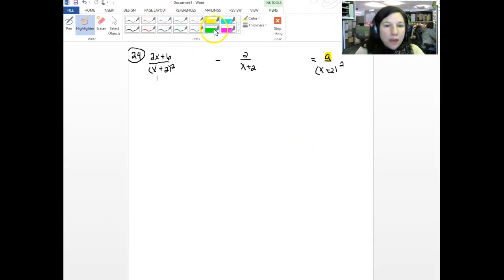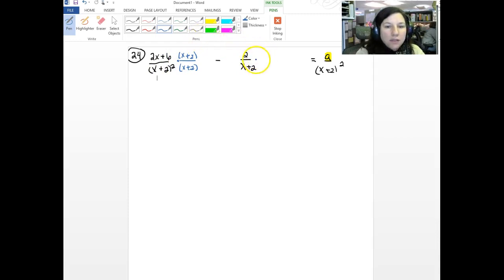But before we can do that, I have two fractions here and we want to subtract them. Remember that you cannot subtract fractions that do not have a common denominator. So look into your denominators. This one is an x plus 2 squared. This one's an x plus 2. So it means that this side needs an x plus 2 in the denominator. And if I do it in the denominator, I need to do the same in the numerator to maintain the value.